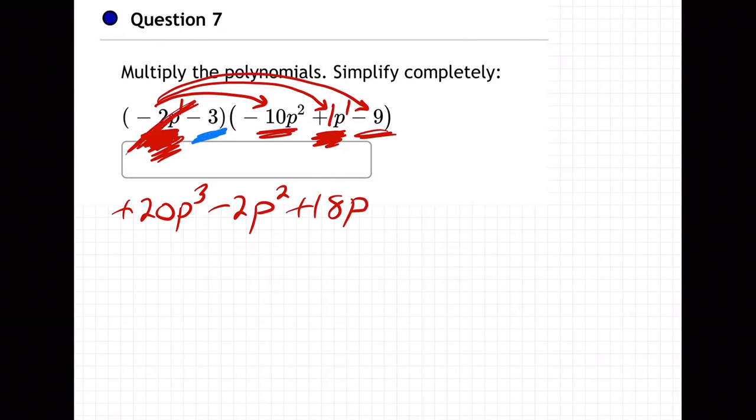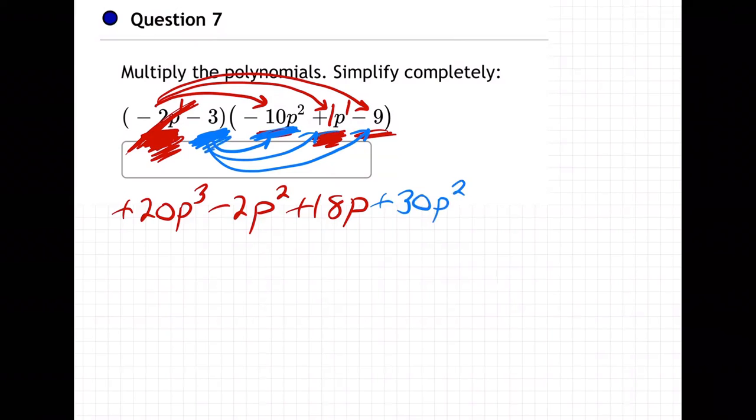Now it's the minus 3's turn. He's going to go to all three, right? So they just take turns. So first the minus 2 went to all three, and then the negative 3 is going to go to all three. All right, so negative 3 times negative 10p squared is plus 30p squared.